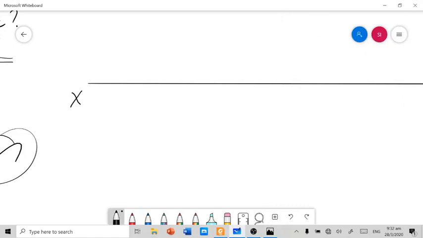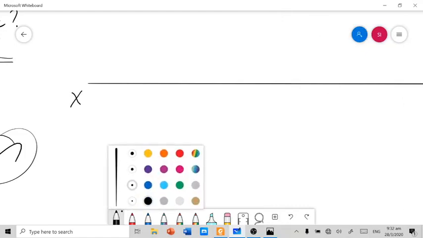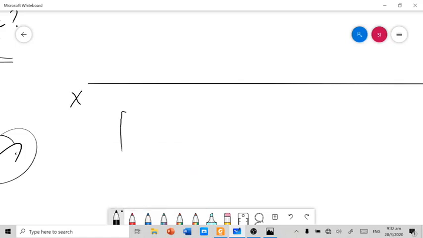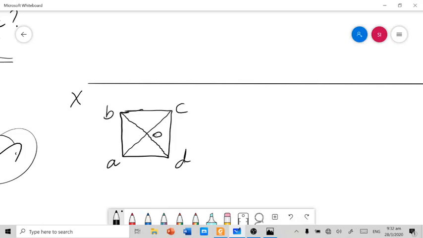So let me draw the base view of the solid. The solid dimensions are given. The base side is 40 mm, and since it is a pyramid, it is going to have an apex. So we need to join the diagonals in order to show the slant edges, and the apex point can be named with the alphabet O, and the rest of the base corners may be named with alphabets.